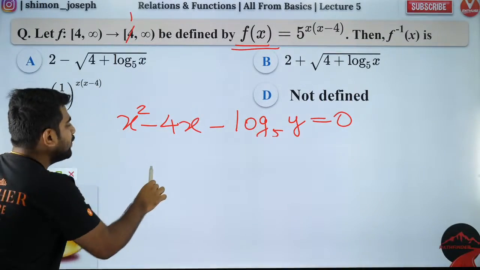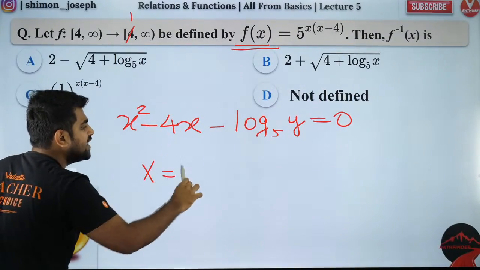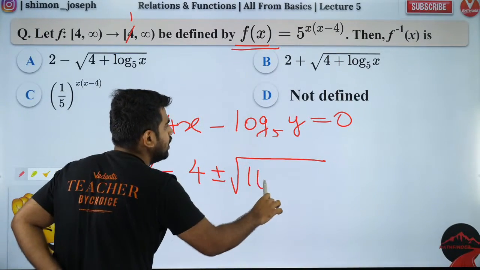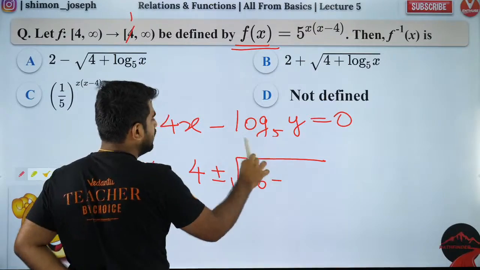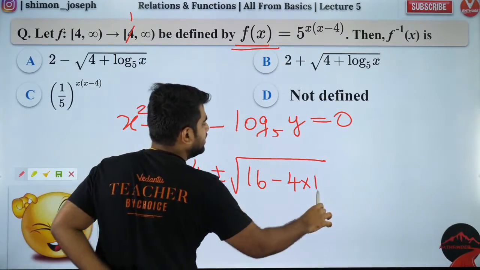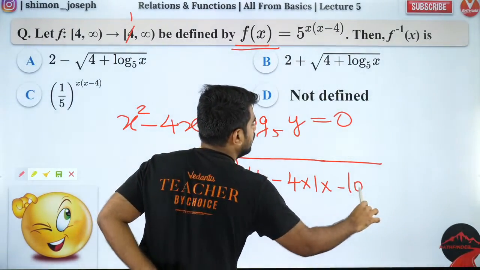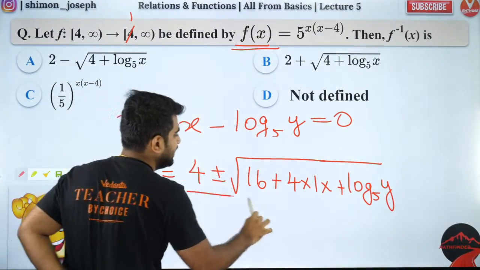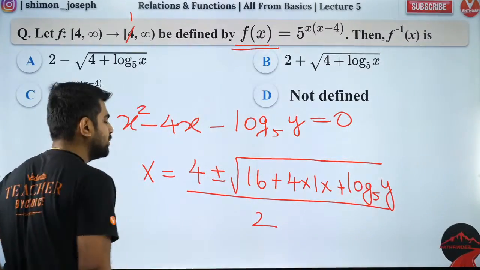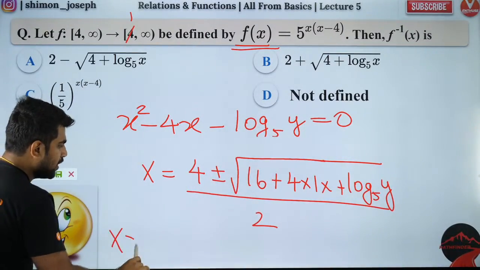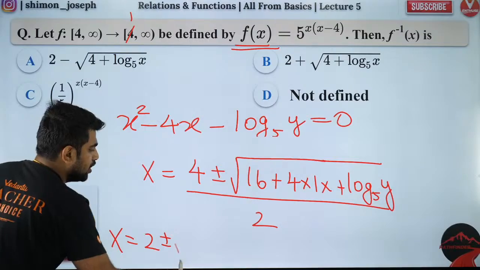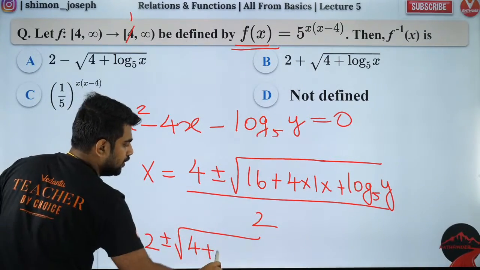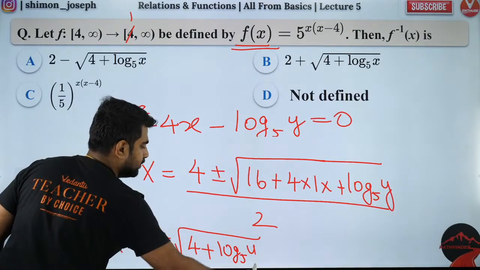So the quadratic formula says x is equal to minus b plus or minus root of b square minus 4ac. a is 1, c is minus log to the base 5 y. So this minus and this minus will become plus, divided by 2a. 2a will become 2. So x is equal to 2 plus or minus root of 4 plus log to the base 5 y, all divided by 2, and the 2 cancels.